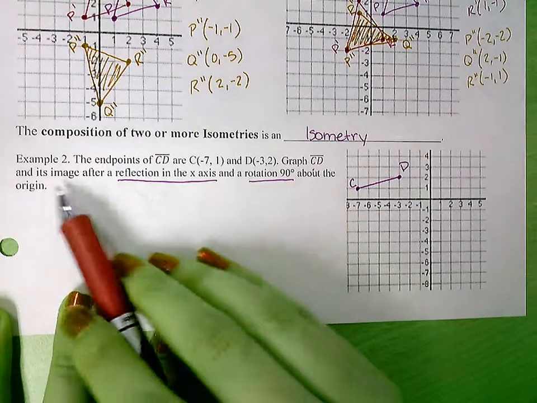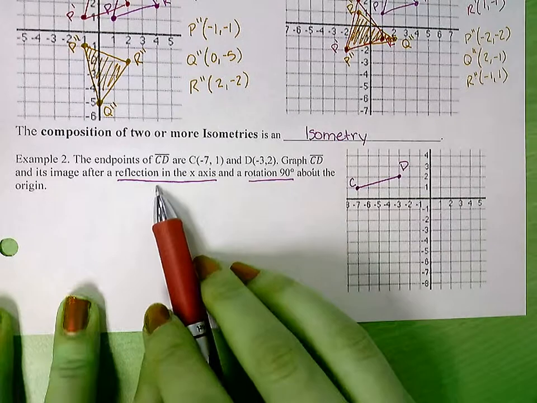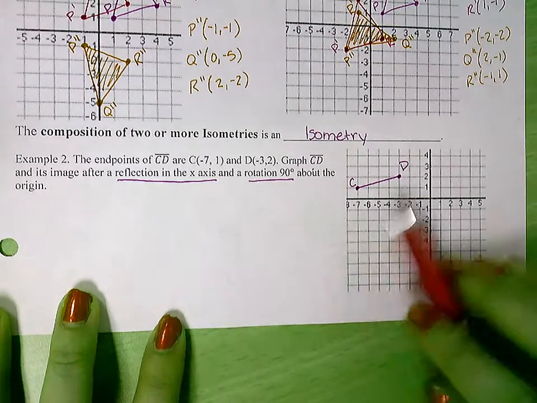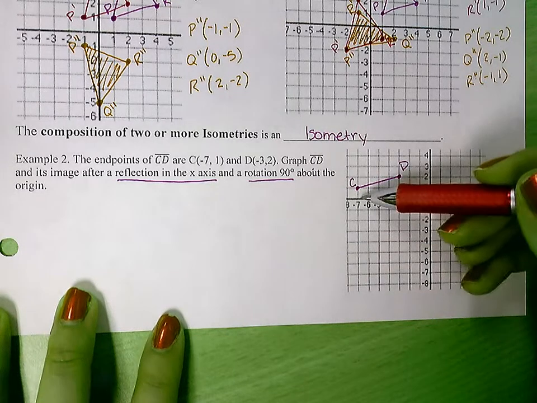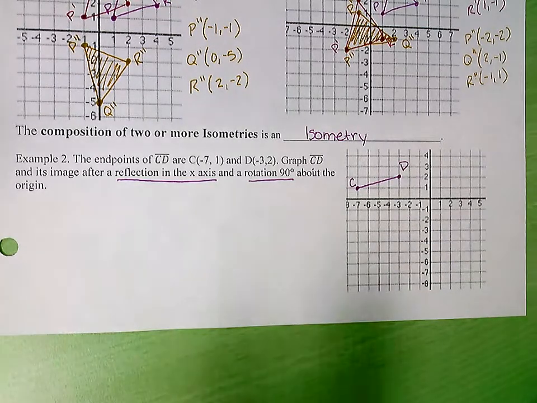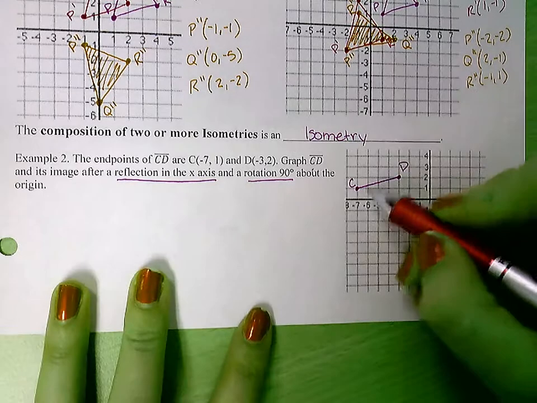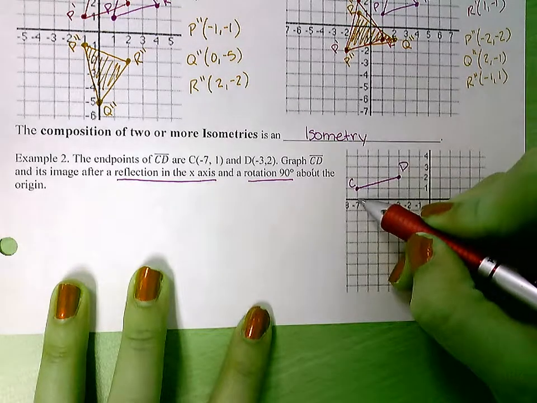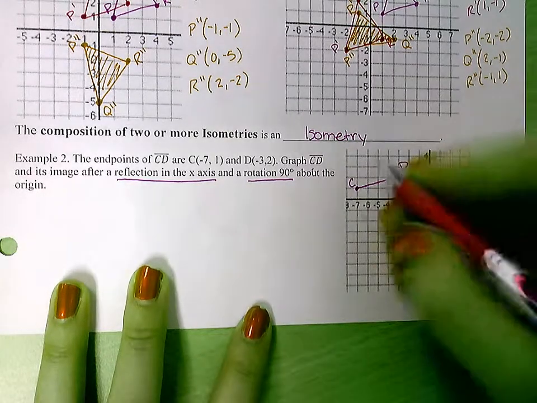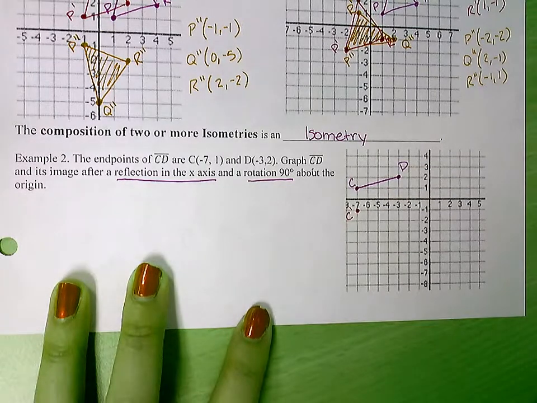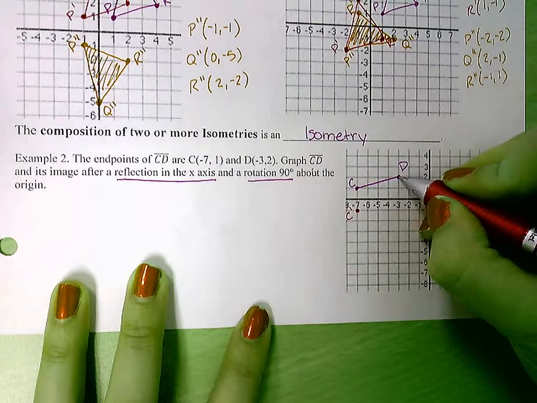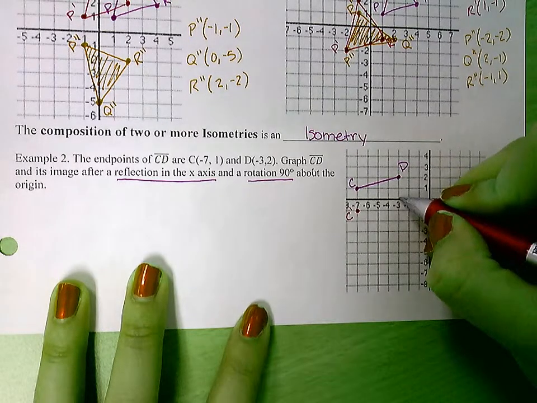Now our next step is to graph that reflection in the x-axis. So the x-axis is right here. And again, all we have to do is count. So from point C, it's 1 unit to that x-axis. So I'll go 1 more unit away to get C prime. Point D is 2 units away from that x-axis.